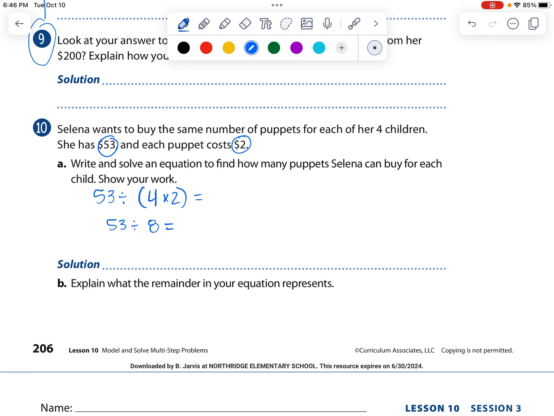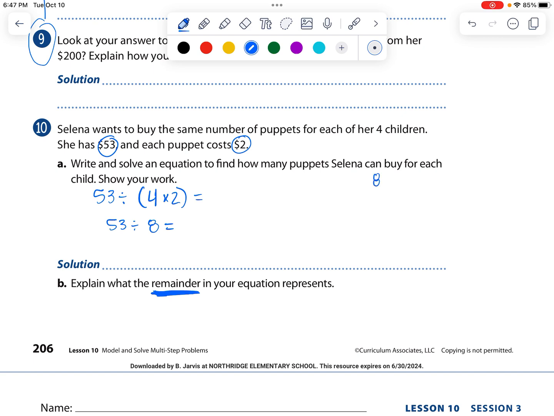Again, I want you to skip count to figure this out. It does have a remainder. Pause this. Okay, you should have tried to solve it. You're going to skip count by 8 until we get something close to 53.